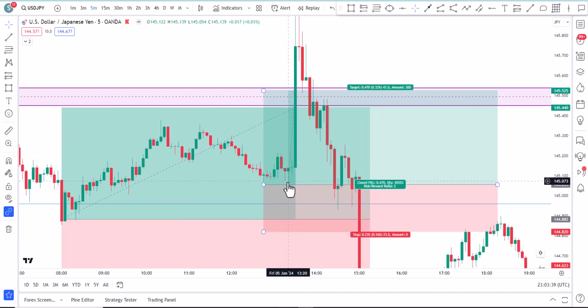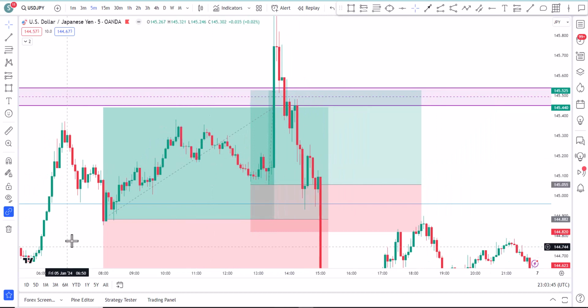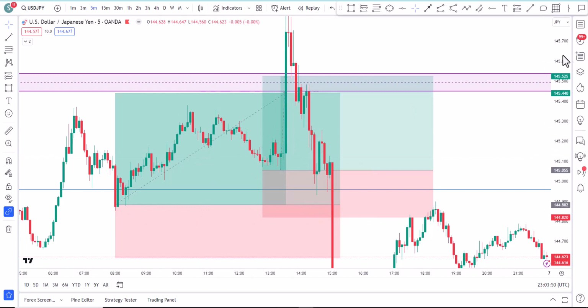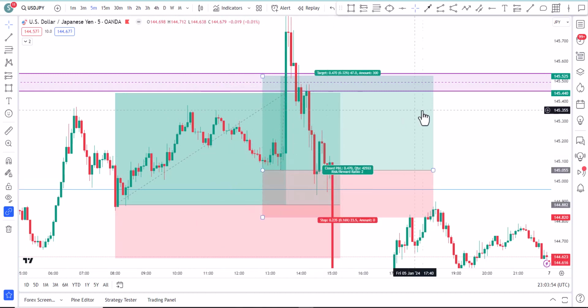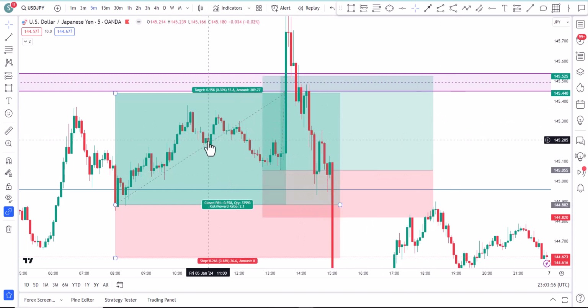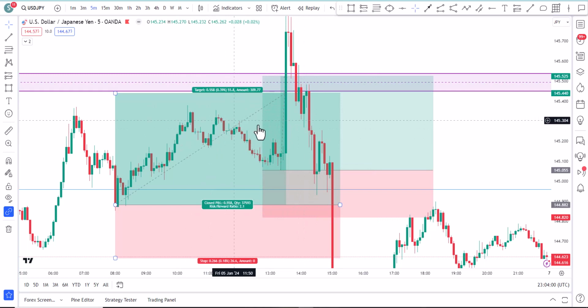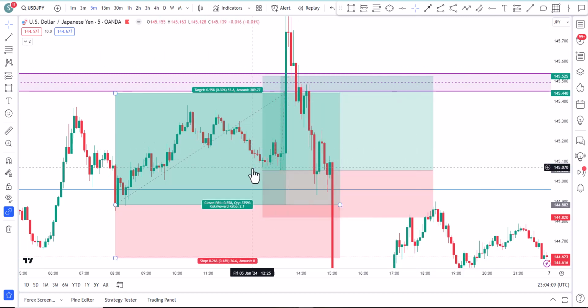So price came, almost triggered, and then went straight into profit. I was hoping that these 2 trades would break me even, because these are both 1 to 2 risk to reward ratio trades. So even if I'm able to take wins on these 2 trades, I'm clearing all those 4% losses I made during Wednesday and Thursday. However, this one wasn't triggered, just this was triggered.